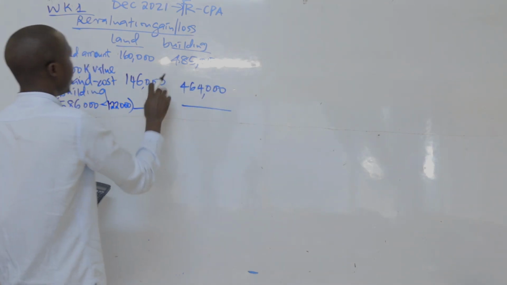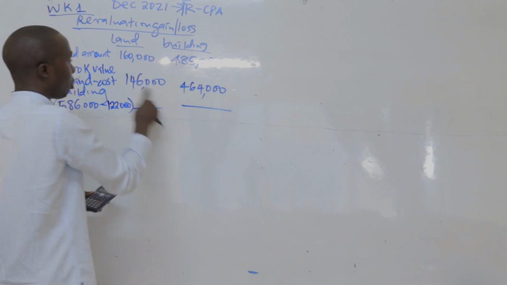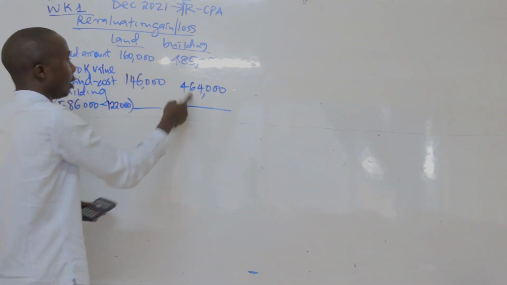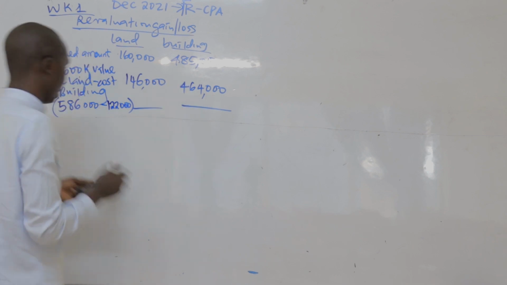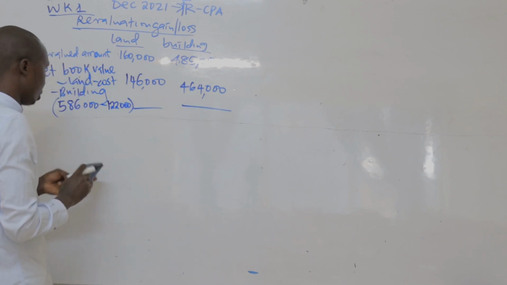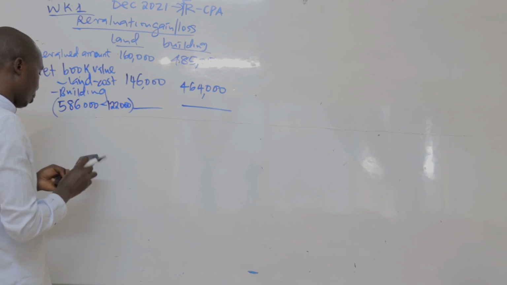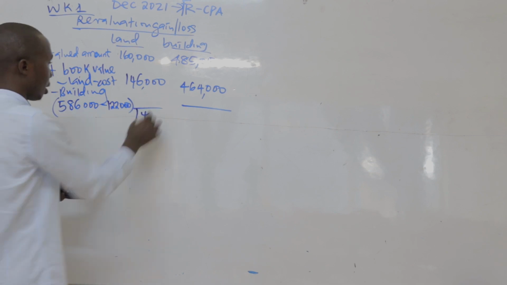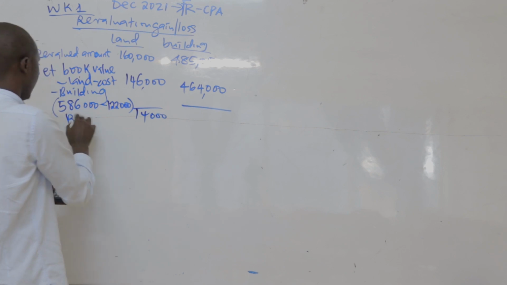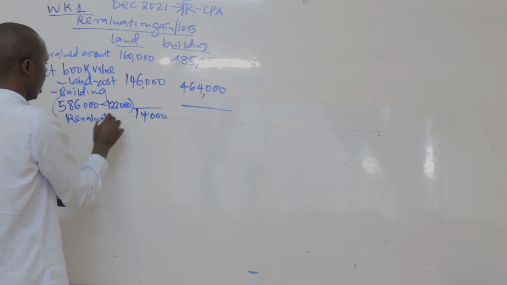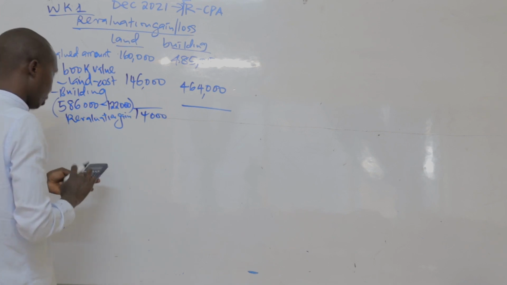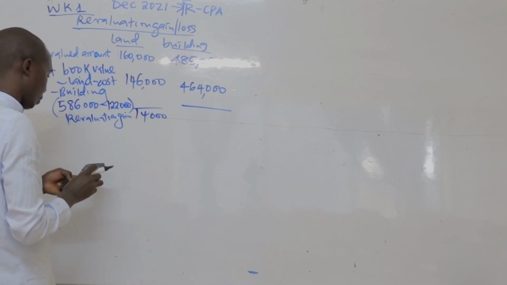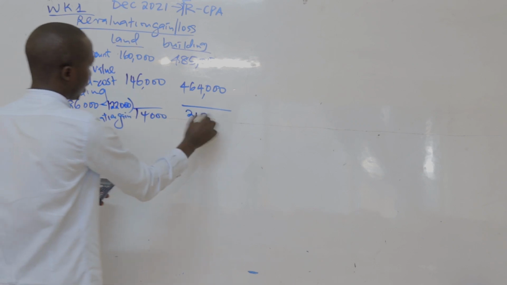So I can see there was a revaluation gain from 146 to 160, from 464 to 485. So the difference is 160 minus 146, so this is 14,000. That is a revaluation gain. Then 485 minus 464 is 21,000.